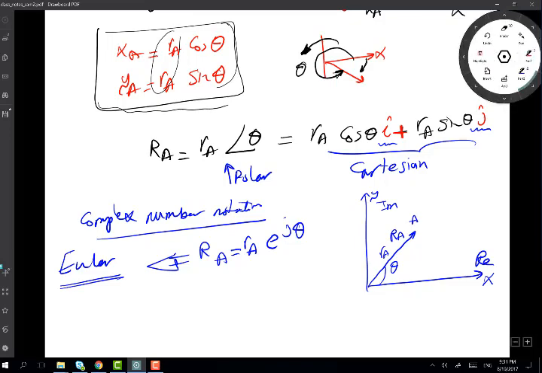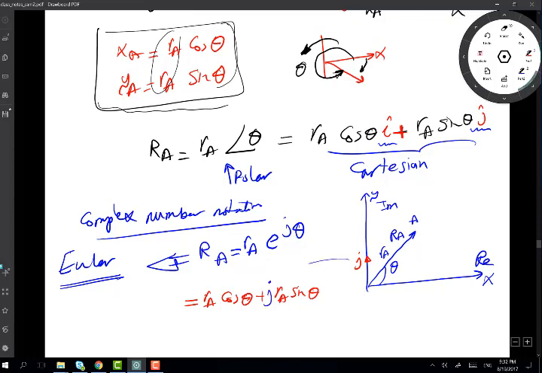Now the imaginary axis will have a j on it, and the idea here is, when I expand this, it's RA cosine theta with nothing there, and then RA sine theta with a j in front of it.